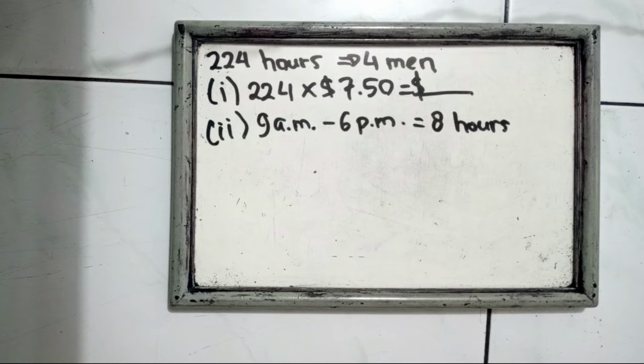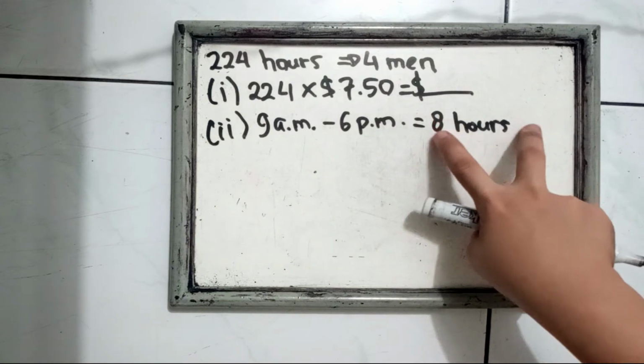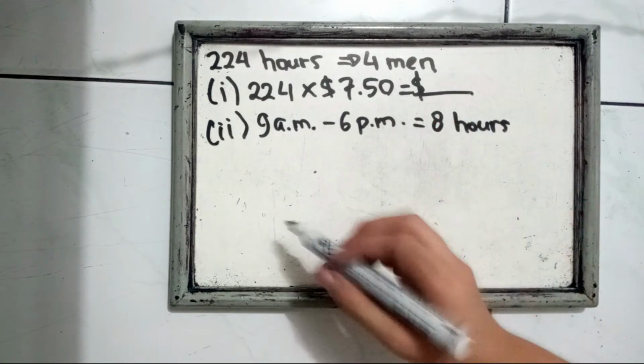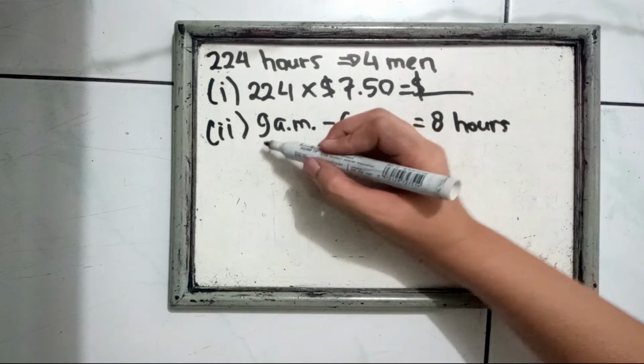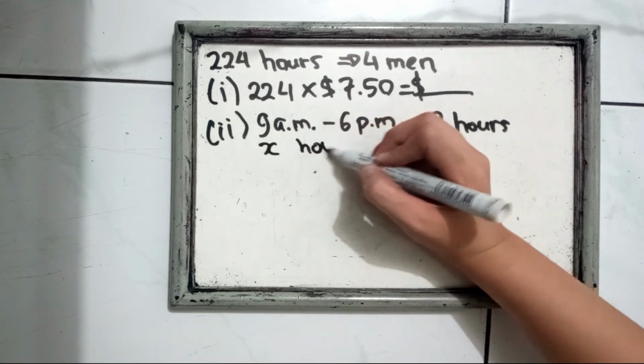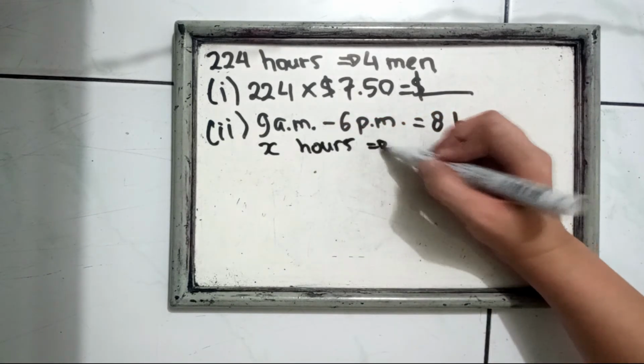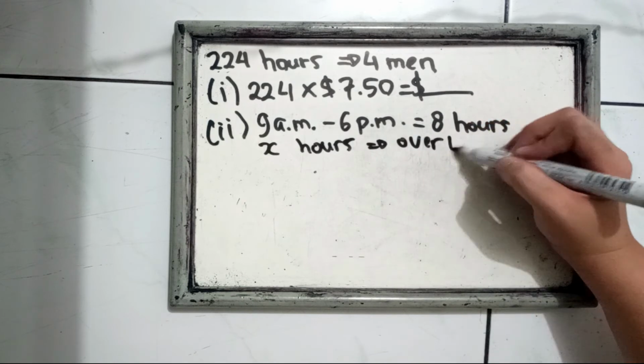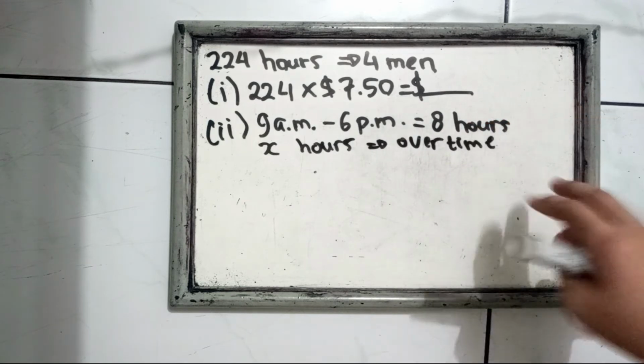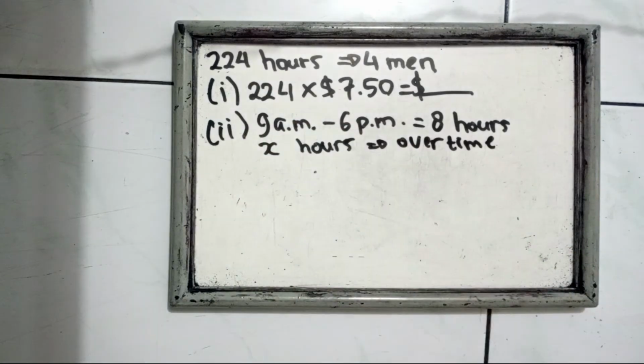So first, let us find how long they work overtime. So this 8 hours is not overtime. So let's say they work overtime for X hours. And we know the total time they work is 224 hours.